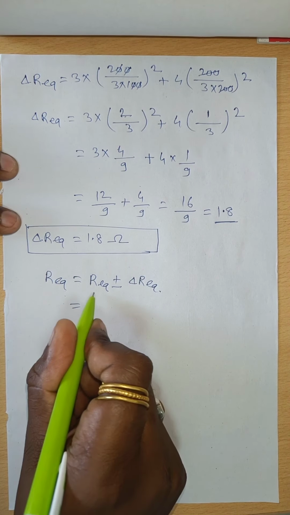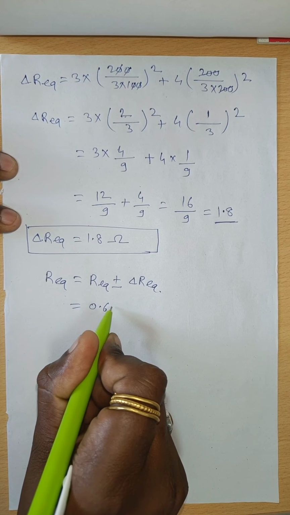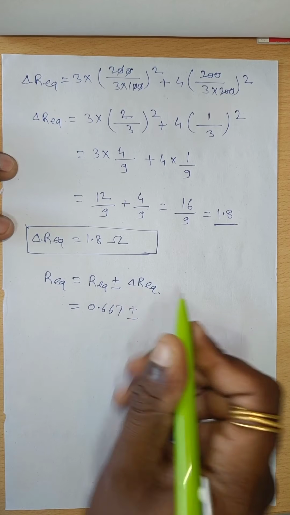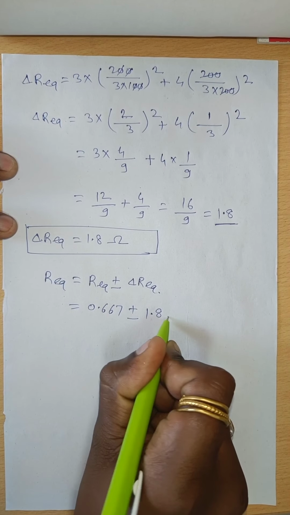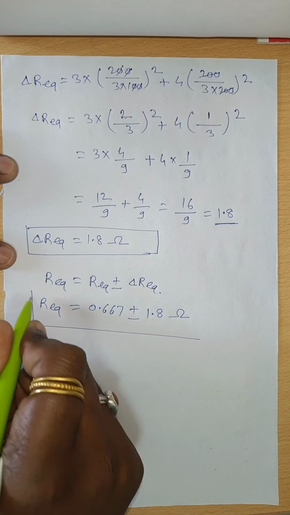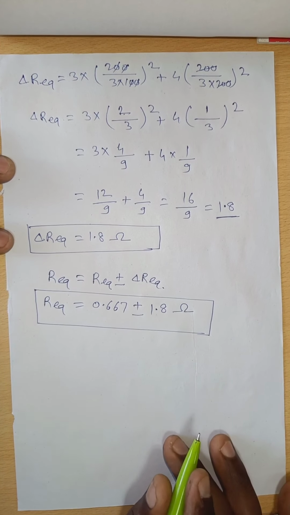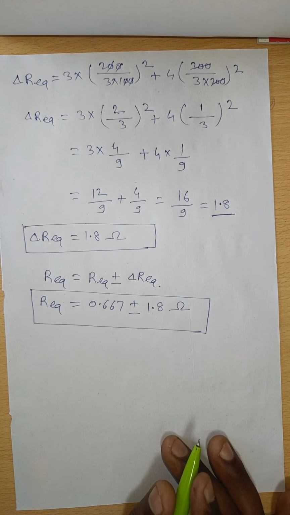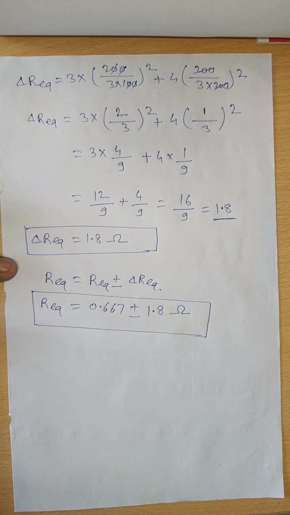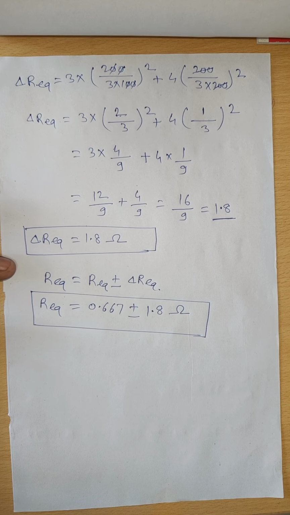The value of R equivalent is 0.667 plus or minus 1.8 ohms. This is the equivalent resistance when the two resistances R1 and R2 are connected in parallel. Next, we have to see another property of combination of errors.